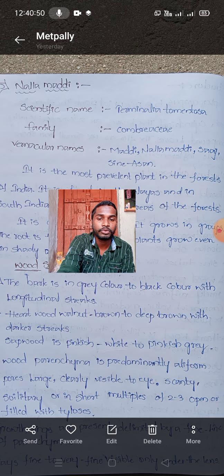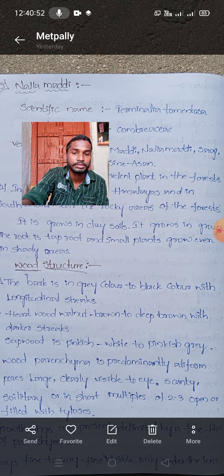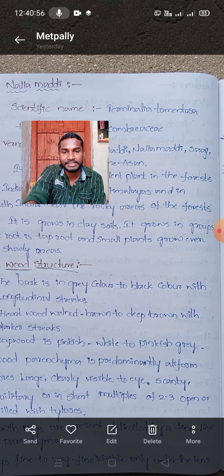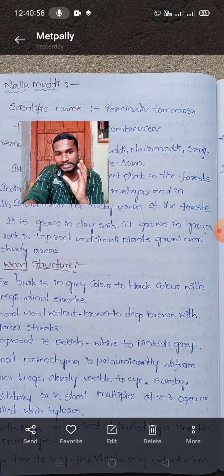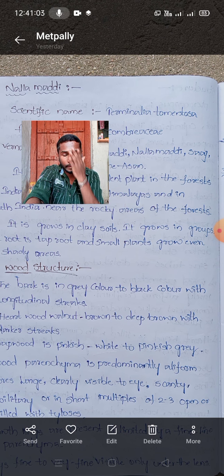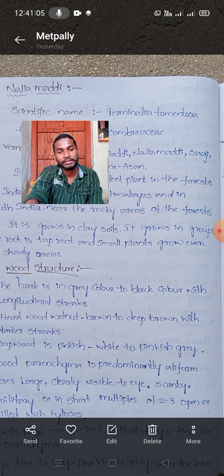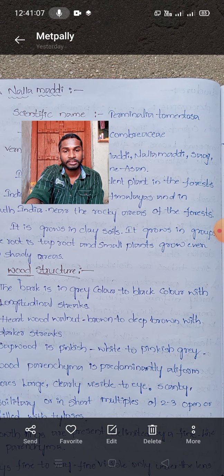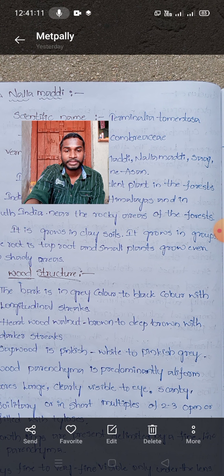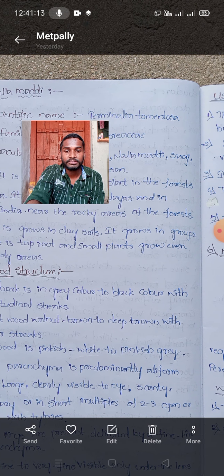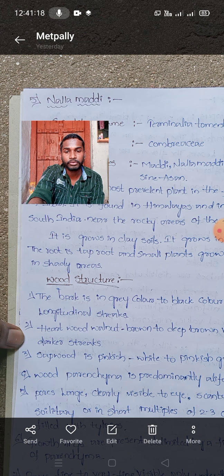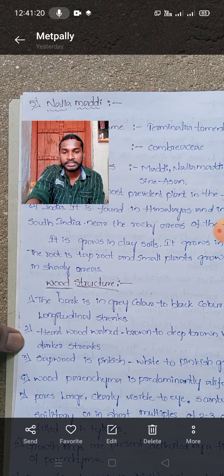It grows in clay soils. This plant grows in clay, in places like that, and it grows in groups.